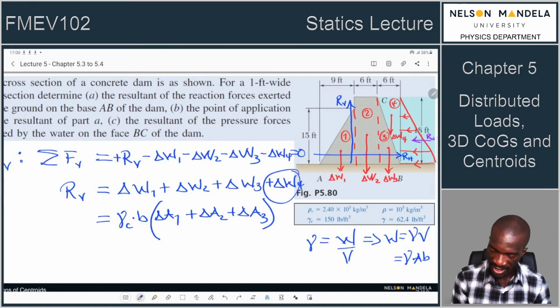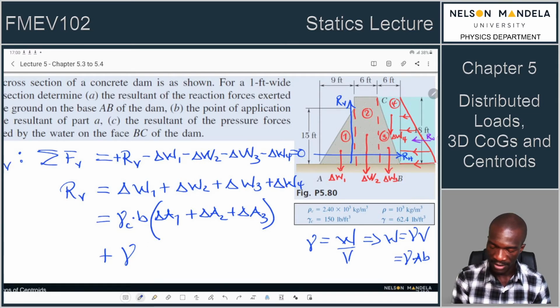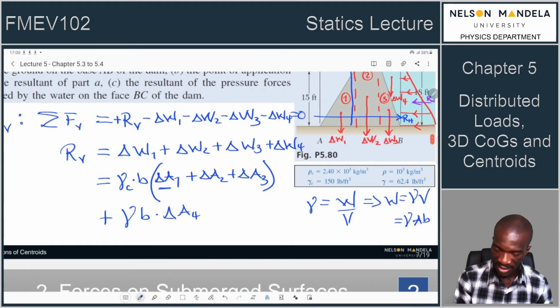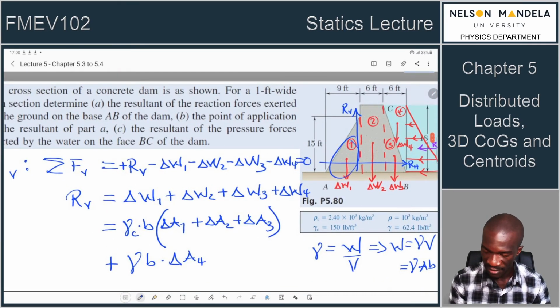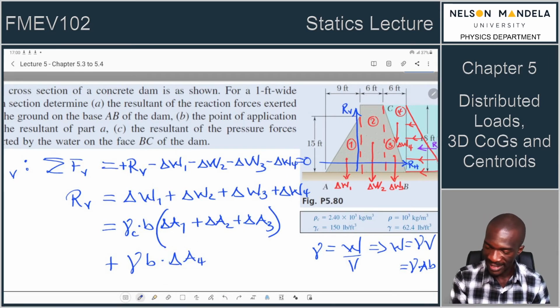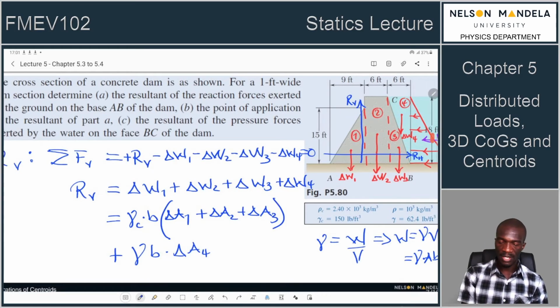The last term that we have is our water, so this would be plus gamma of water multiplied by B as usual, and then the area, delta A4. Delta A1 is the area of a triangle, delta A2 is the area of a rectangle, delta A3 is the area of another triangle, and delta A4 is the area of that triangle. So you are sorted to make your RV the subject.